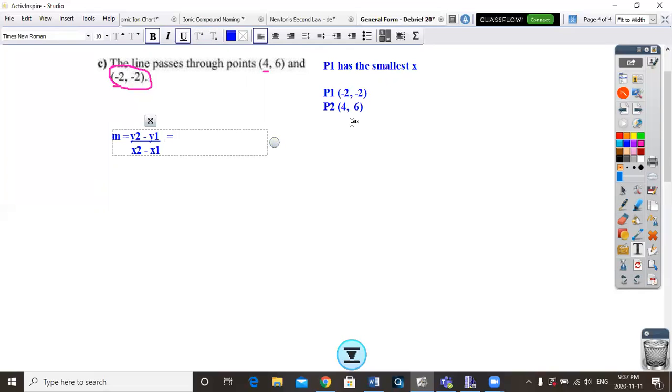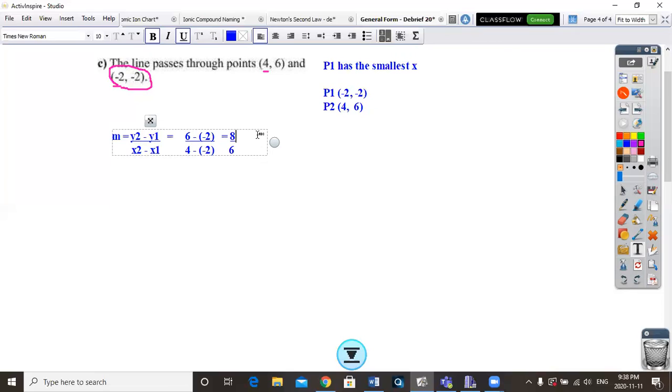So this will equal y2, which is 6, subtract y1, which is 2. Then we'll divide that by x2, which is 4, minus x1, which is -2. So this will equal 6 minus 2, which is 4, divided by 4 minus -2, which is 6.